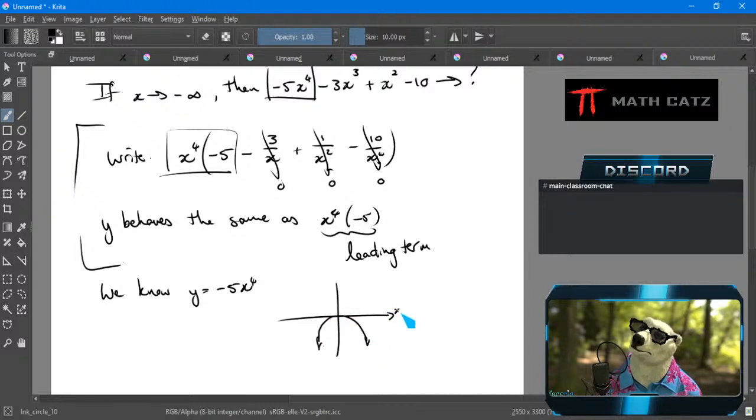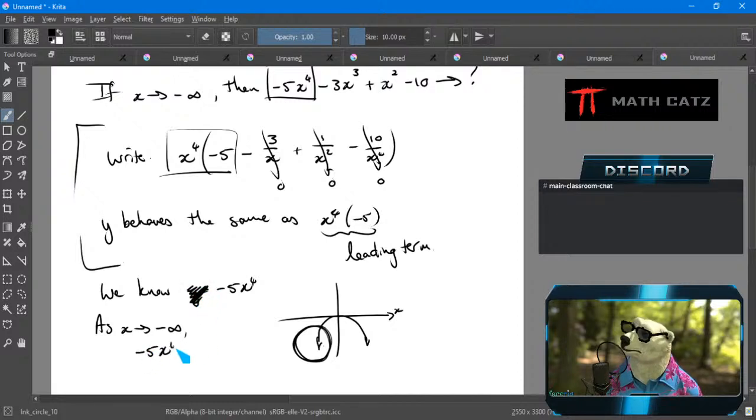So long term, I'm now looking at the far left. So I'm looking over here, far left, as x approaches negative infinity, negative 5x to the 4 approaches negative infinity.